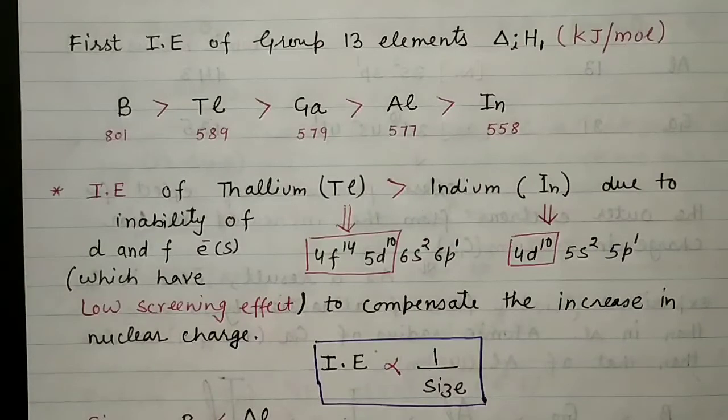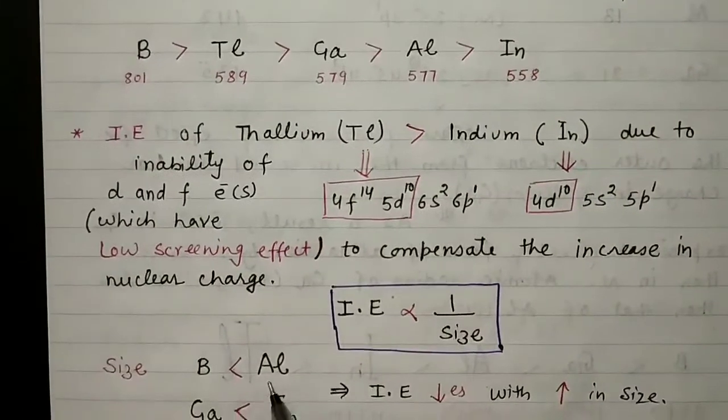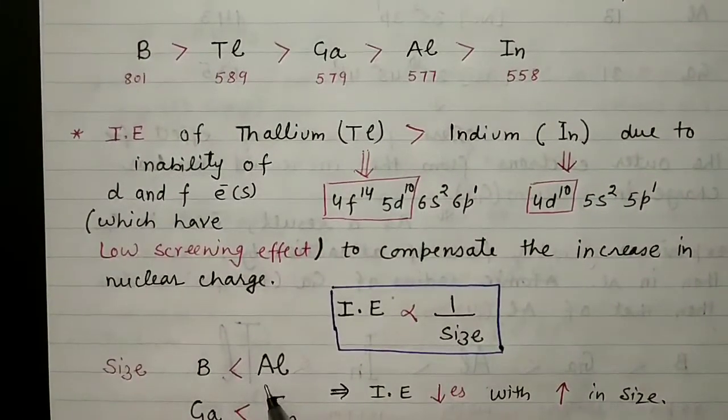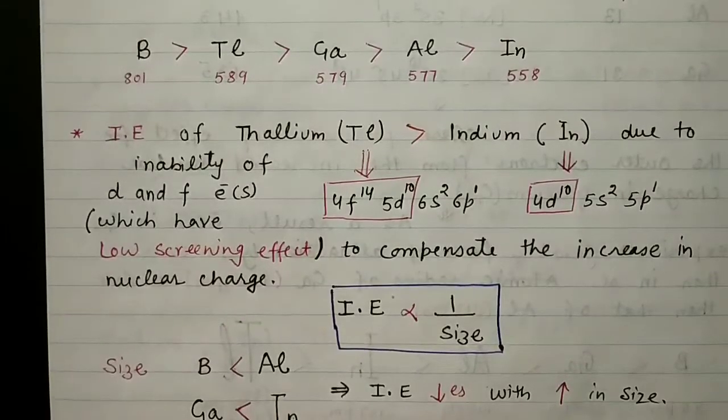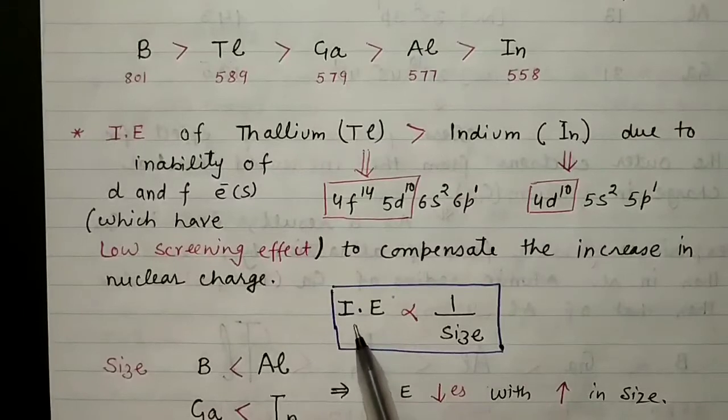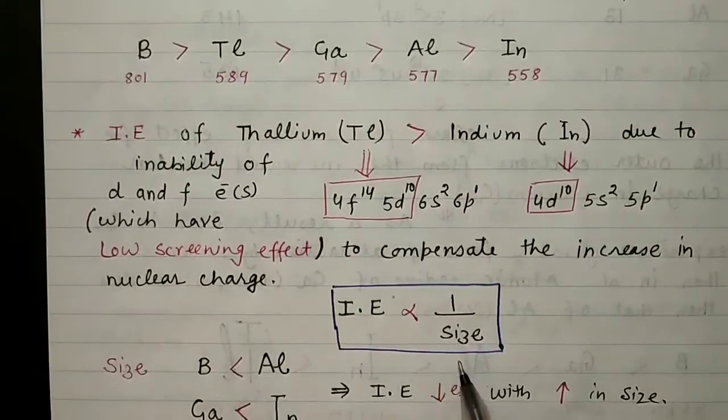The value of ionization enthalpy for aluminium is low. Aluminium is higher in comparison to boron, and indium has greater ionization enthalpy than that of gallium, because ionization enthalpy is inversely proportional to size. As the ionization enthalpy decreases, the size increases.